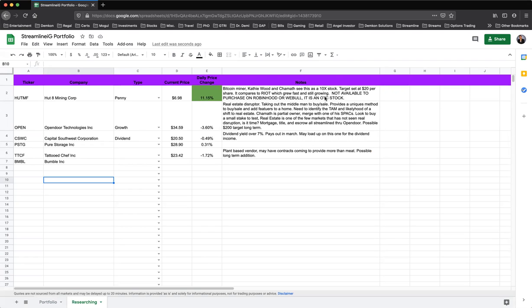It also counts as, okay, if Hut 8 goes up to $10 and it comes back on my radar, I have these notes. I've seen this before, and it's going to jog my memory to say, hey, I'm going to do a little bit more research on this. I think this might be something we want to take off the research list and put in the portfolio if it ever comes off of the OTC.